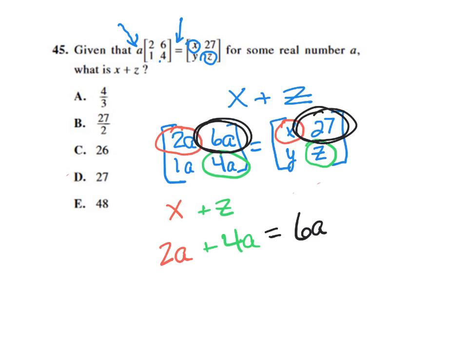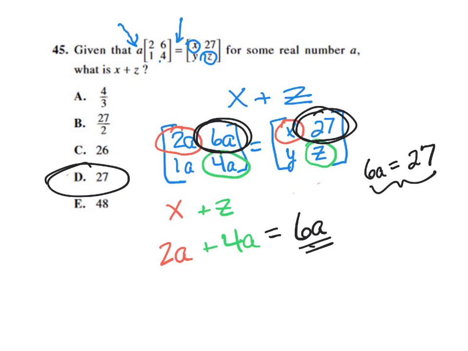So I would get 6A equals 27. Well, I notice here this was just equal to 6A, and this tells me that 6A equals 27. So X plus Z must equal 27. And I look at my choices, and that would be D.